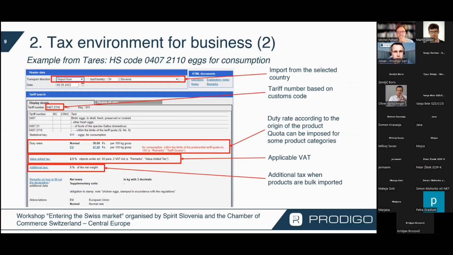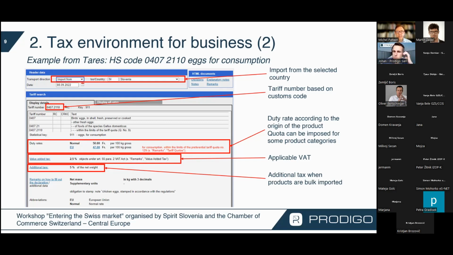Moreover, we see in red that the quotas are applicable. It means that a certain amount of this product can be imported during a certain period in Switzerland. So you have to take that into account as well. Just below, you have the information about the VAT rate that is applying to this category of products.